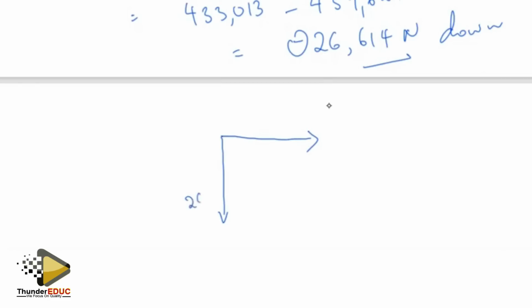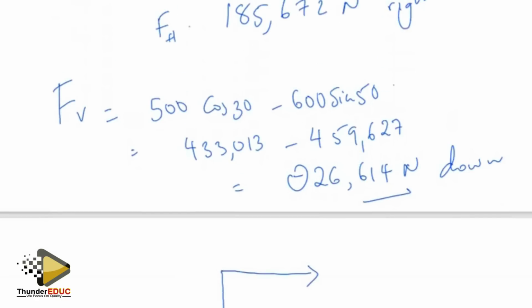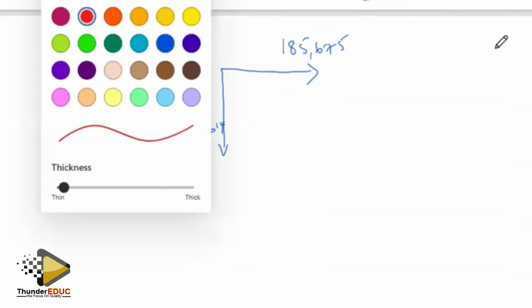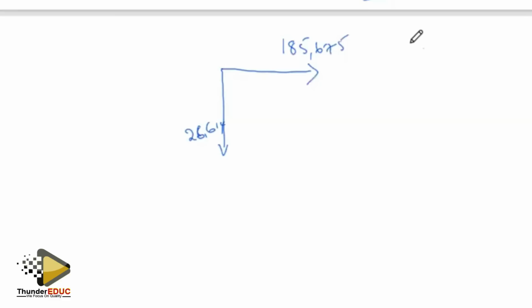So if that is my 26.614, this is our 185.672. Remember, since the resultant force is a vector quantity, we need to find the magnitude as well as the direction. Okay. So what I'll do, which means my resultant is going to be here, F resultant.